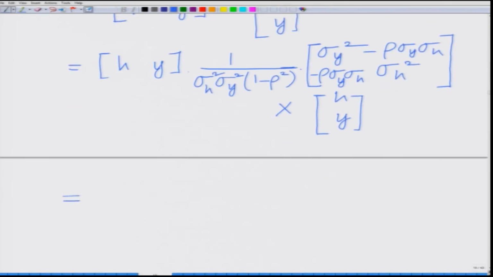And this can be simplified. Now, this is a scalar quantity, so I will bring it up front.